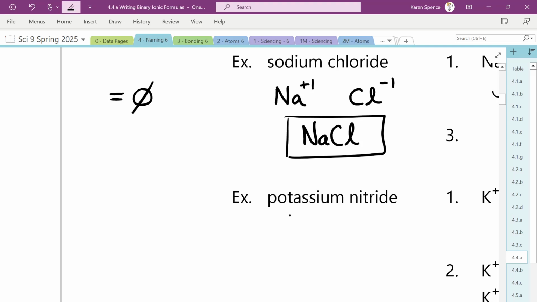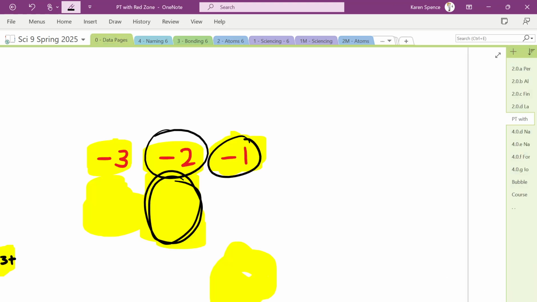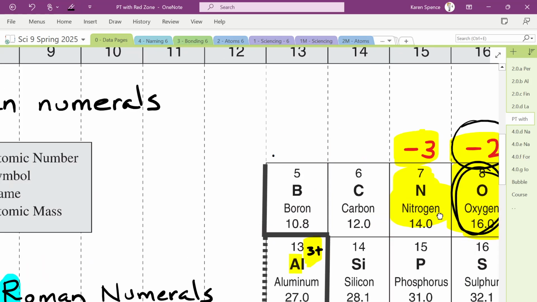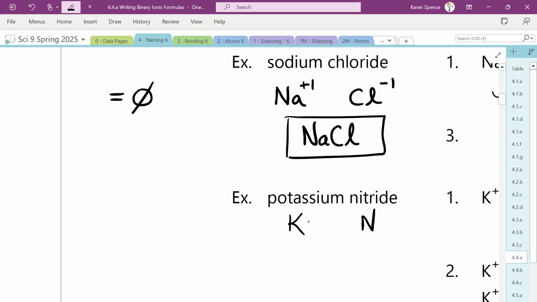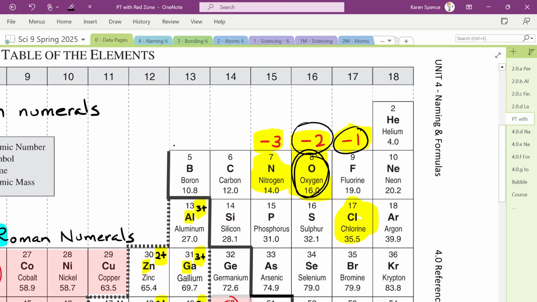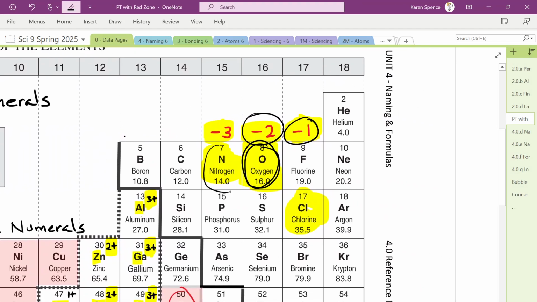Potassium is K. Nitride is N. You would just look those up. And so then we go to our data pages and we say K is in group 1, so it's +1. Nitride is in group 15, so it's -3.